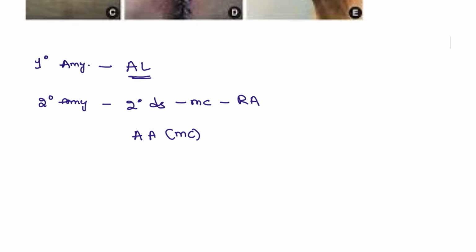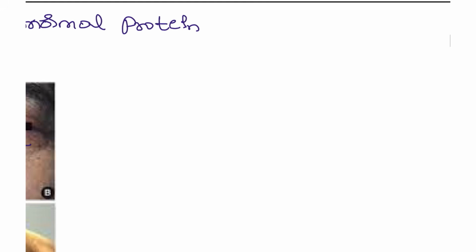Next, we also have other things. For example, if it involves the kidney, dialysis kidney patients will have beta-2 microglobulin.